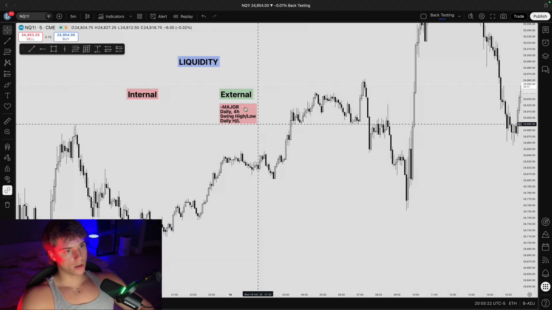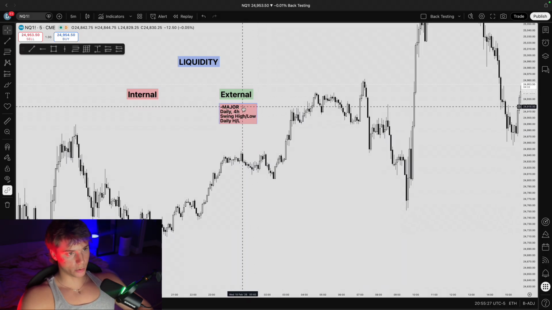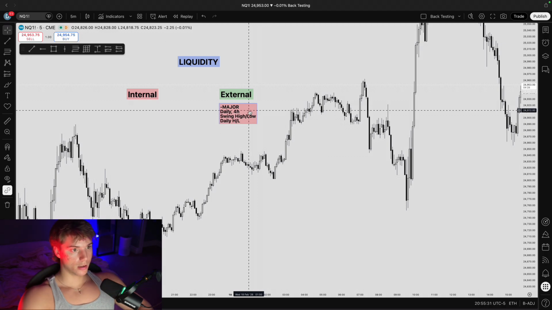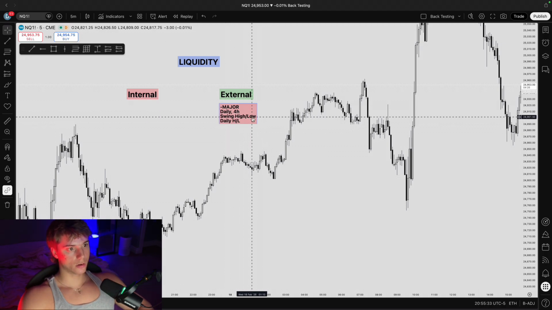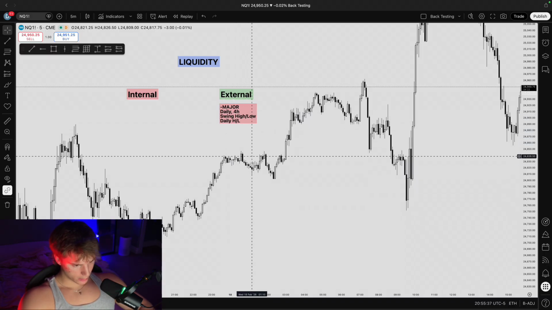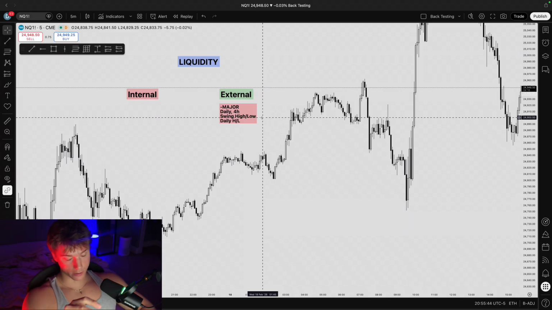Okay. So external liquidity is going to be your major liquidity. It's going to be anything from the 4-hour up, any swing highs, or daily highs and lows. And this is going to be where the majority, because remember, high time frame is key, right?